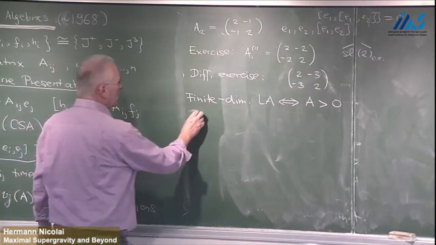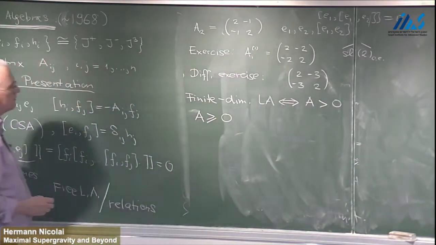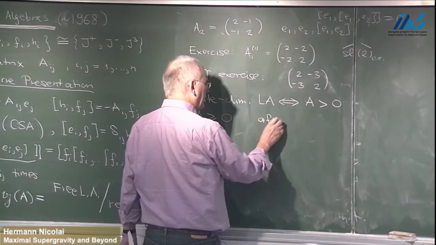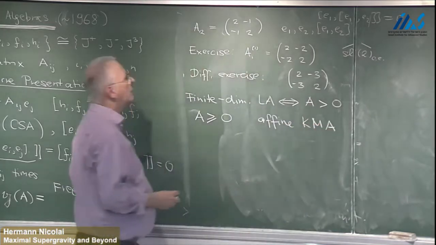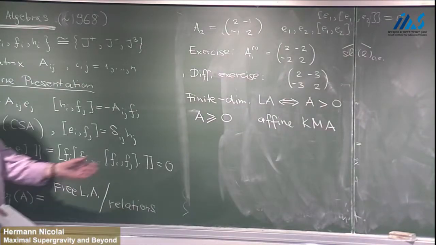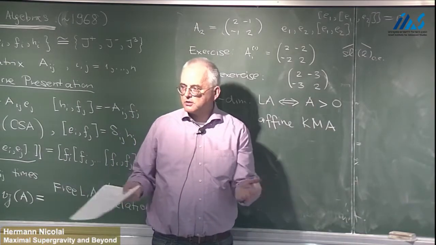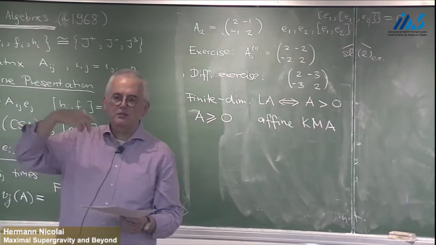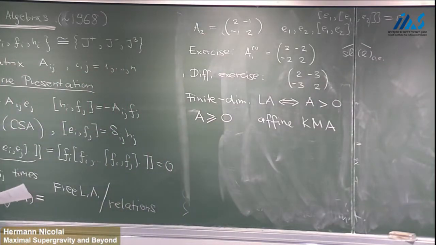Now the next case is when A is positive semi-definite and has a 0 eigenvalue, then you get what's called affine. Affine Kac-Moody algebras are current algebras. What you know from string theory: you just take the Lie algebra element and append an integer index, or turn this into a current that lives on the circle, or depends on one complex variable.